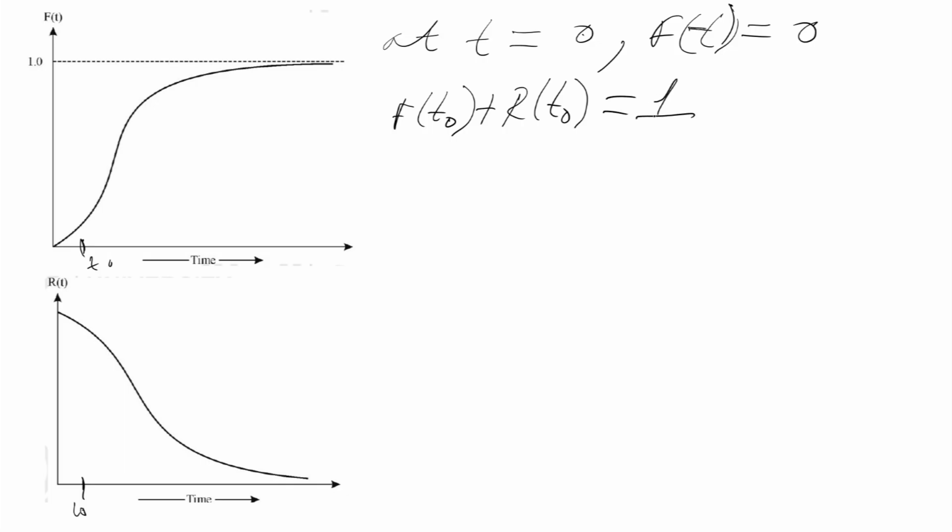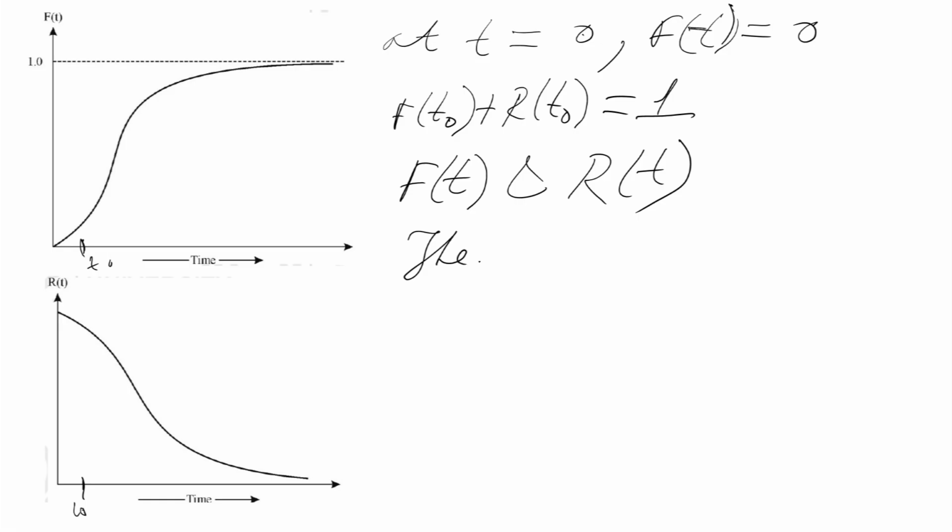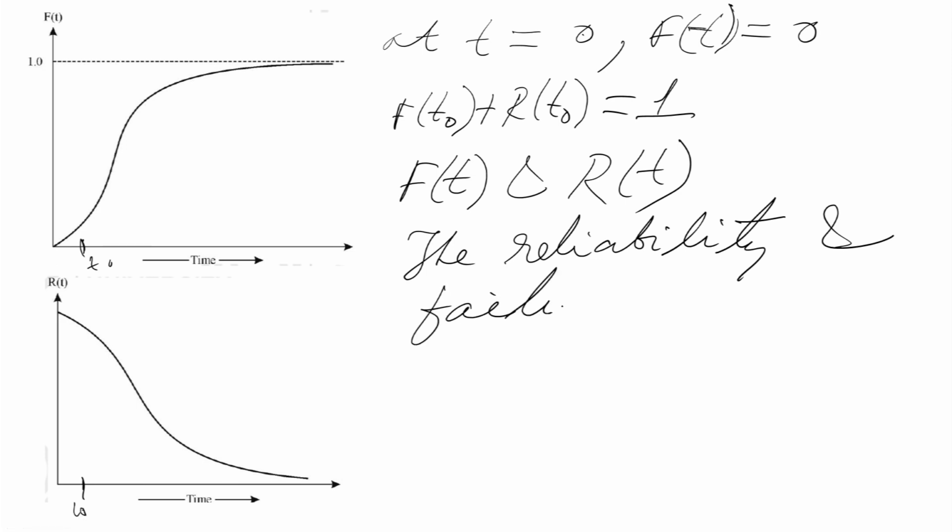Now, t0 can be from 0 to infinity. That is why F(t) and R(t), the reliability and the failure probability functions, are complementary.